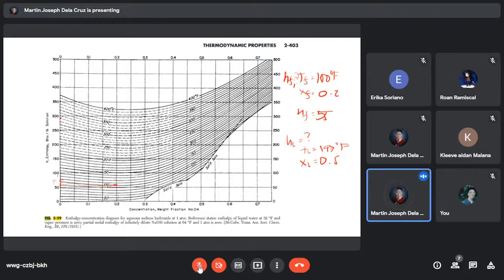So, okay lang yan. Hindi naman masyadong kita yan sa exam, sa board exam, no? Yeah. So, scaling yan, class. So, I was able to get, using my ruler, 55. So, and your unit is BTU per pound.